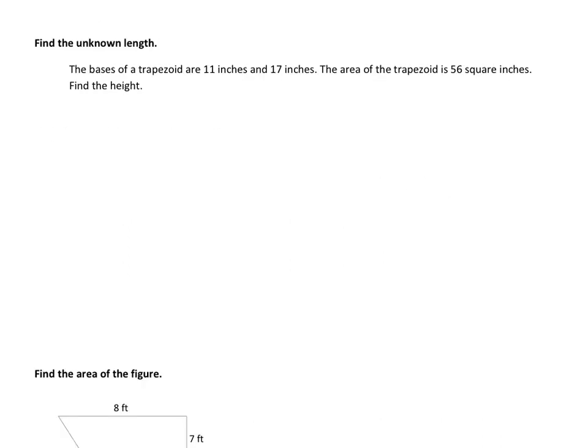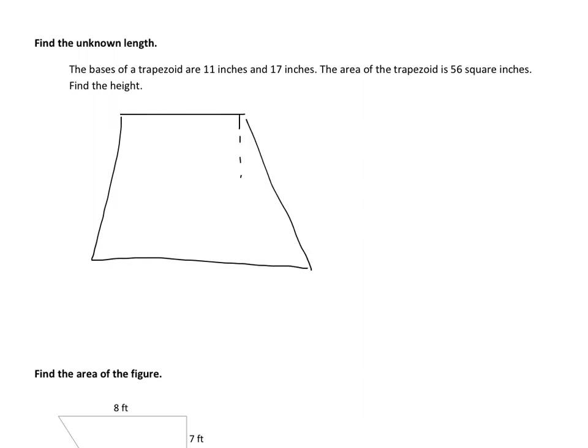Now this time, I'm talking about a trapezoid. So if we draw a picture here, I've got my two parallel sides. This time, I know that the bases are 11 inches and 17 inches. And this time, I'm looking for the height. I don't know what the height is, but I do know that the area is 56 inches squared.